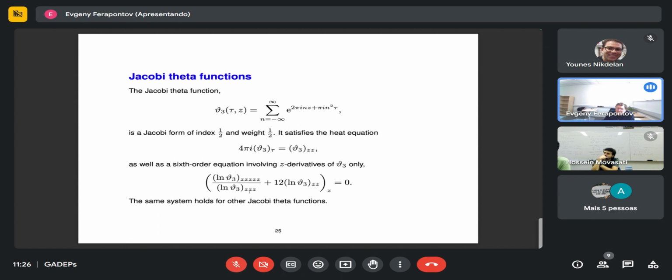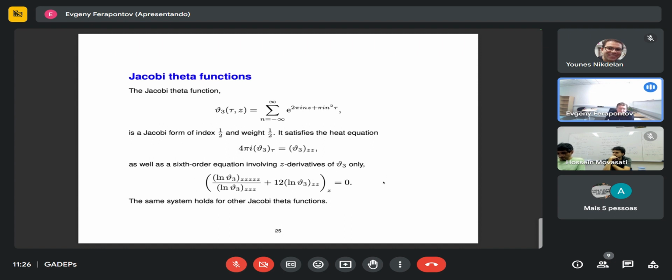So this system again is involutive. It has a little bit different structure from the system on the previous page, but actually it can be obtained by the same recipe. It just turns out that the structure of invariants of Jacobi group depends on index and weight. And when the index and weight are 1/2, the structure of invariants changes. That's why the form of the system changes, right?